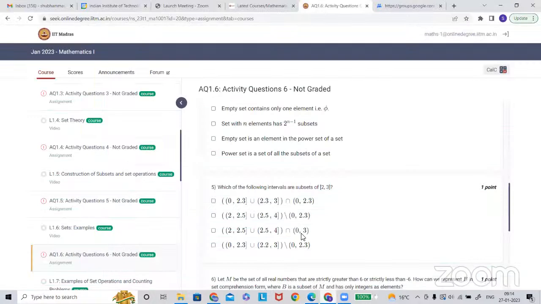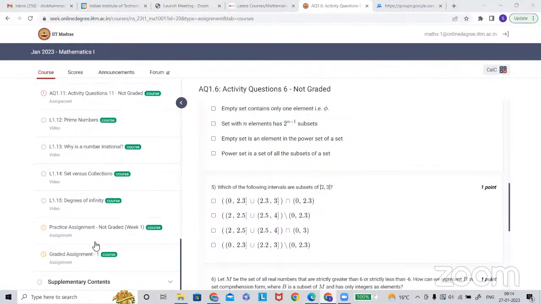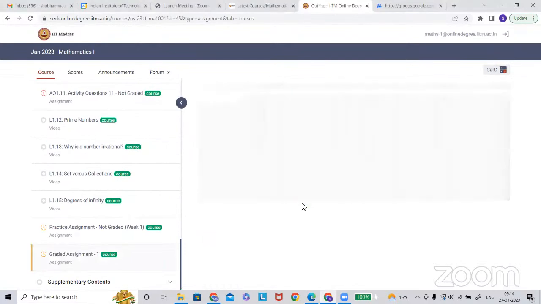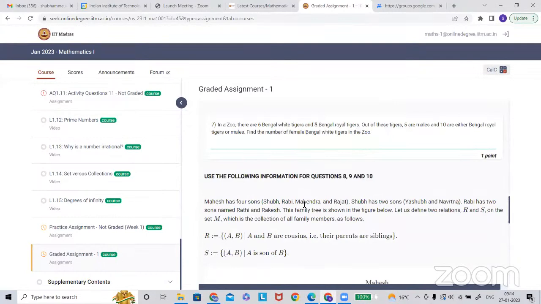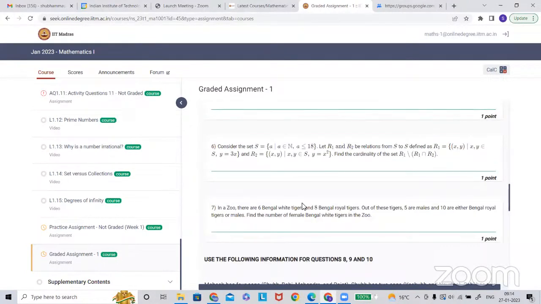In the graded assignment, question 6, they are saying A belongs to natural numbers, and in the lecture, they had said natural numbers include 0. So should we also include 0 in this question? Yes, you should, because the lecture said so. Okay, thank you.